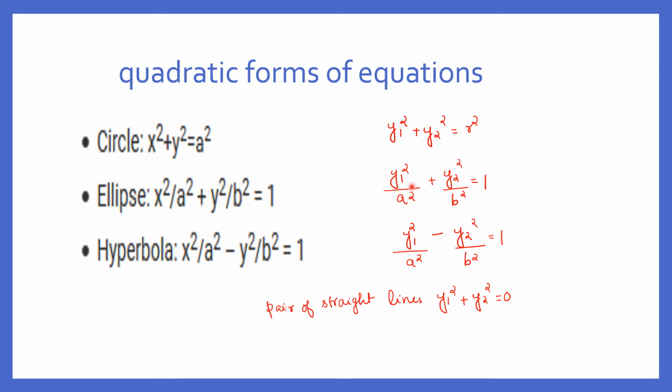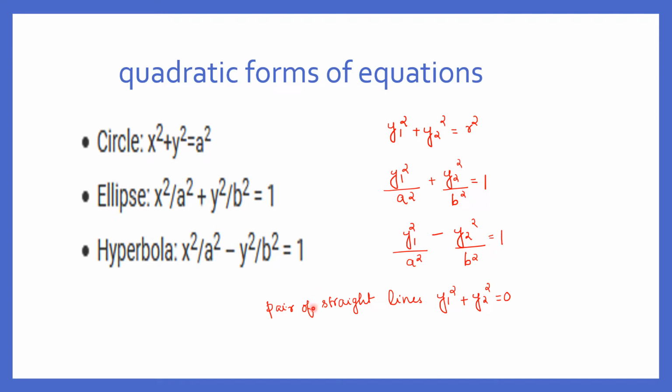In our terms, it can be written as y1 square by a square plus y2 square by b square is equal to 1. The equation for a hyperbola is x square by a square minus y square by b square is equal to 1, or it can be represented as y1 square by a square minus y2 square by b square is equal to 1.